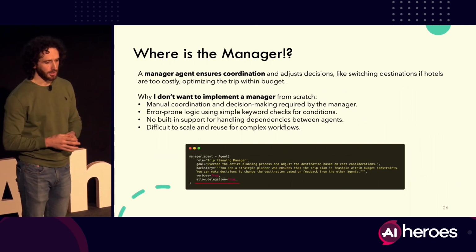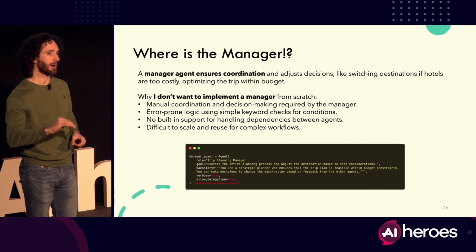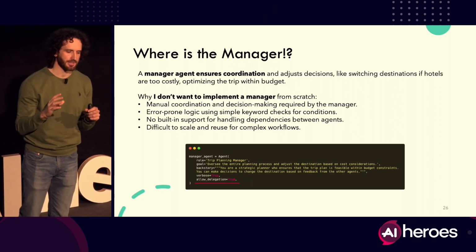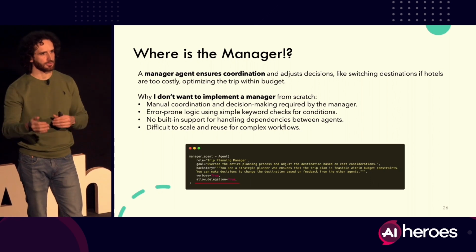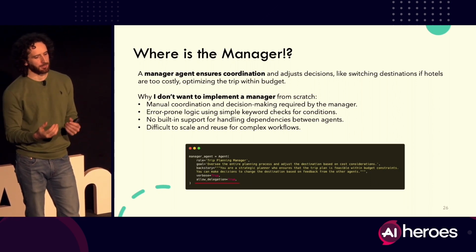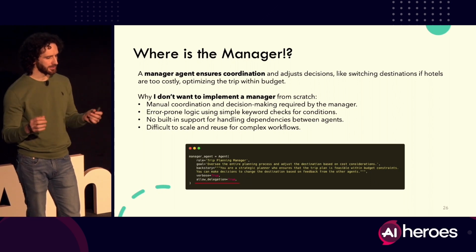So we have a manager that is going to make sure that we are within the budget that I have in mind. What the manager does is checking back and forth what the agents provide and be sure that the overall budget is below a certain limit.